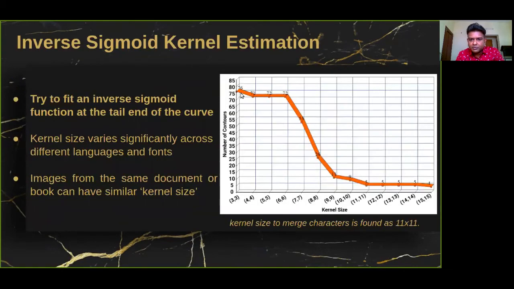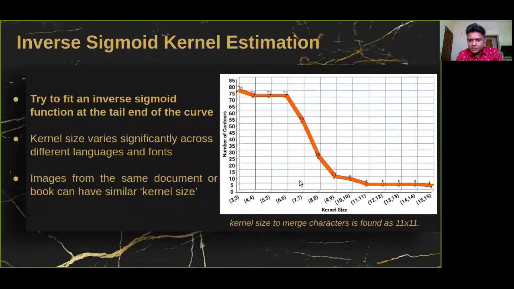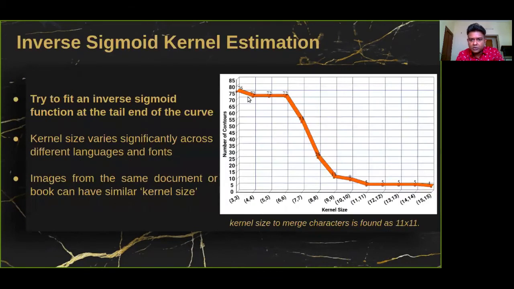You can see the number of contours will fall suddenly when the characters get merged into words. The y-axis shows the number of contours and the x-axis the kernel size. When we increase the kernel size, the contours are falling significantly. Here you can see the sigmoid curve, an S-shaped curve, which is similar to this one, except that there's a horizontal flip. So to get the horizontal flip, we just take f of minus x and try to fit this function on this curve.